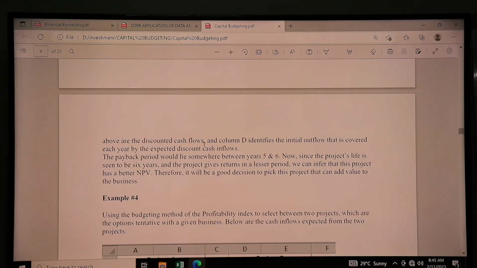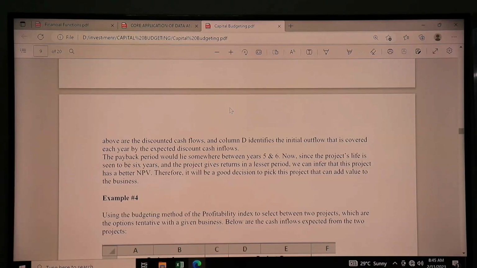Column D identifies the initial cash flow covered each year by the expected discounted cash flow. The payback period would lie somewhere between 5 and 6, that is the 5th and the 6th year.